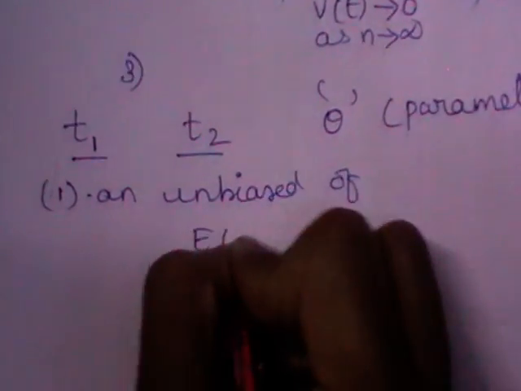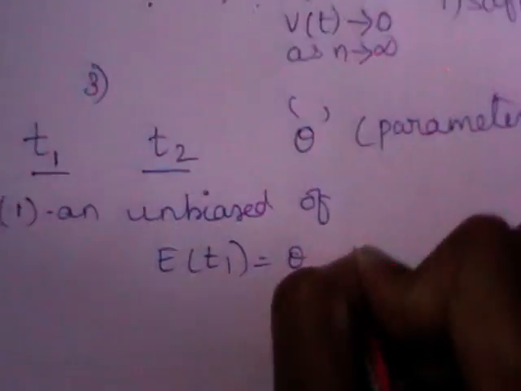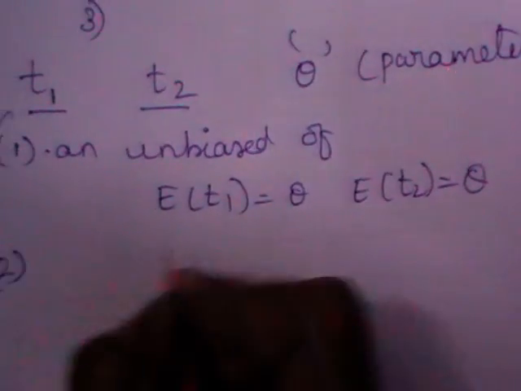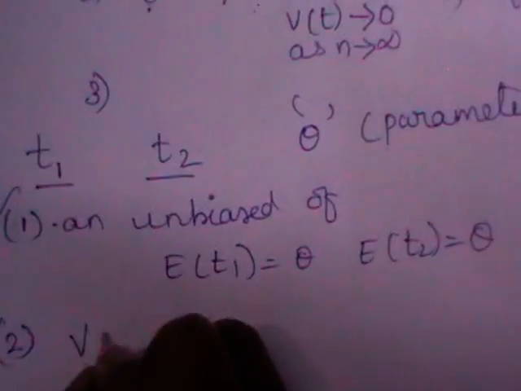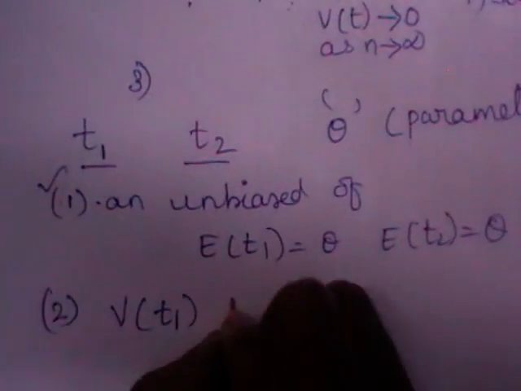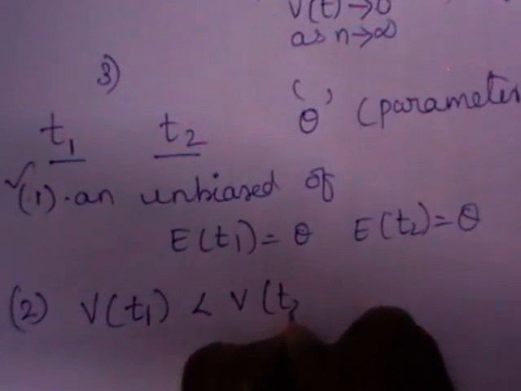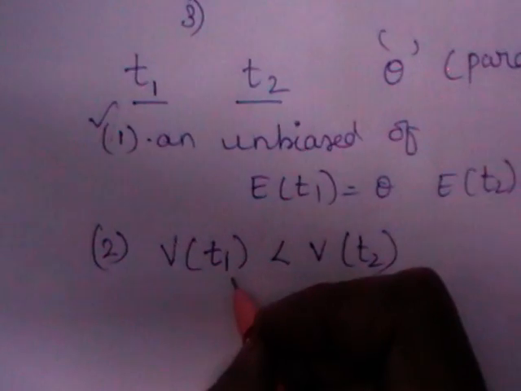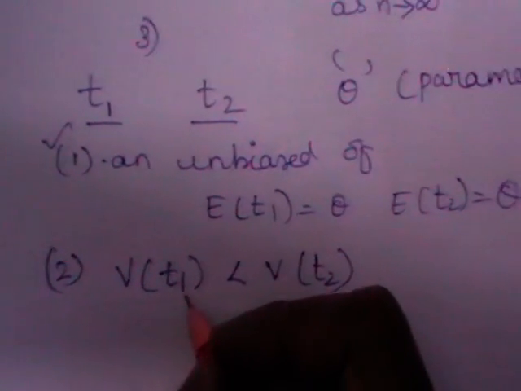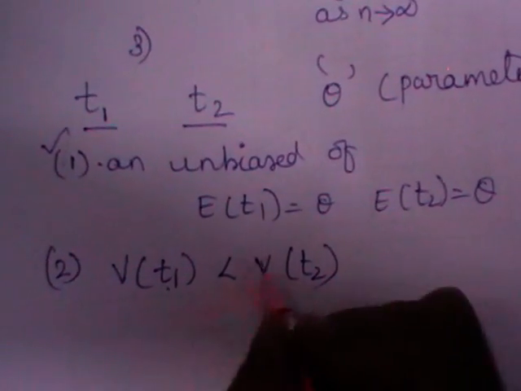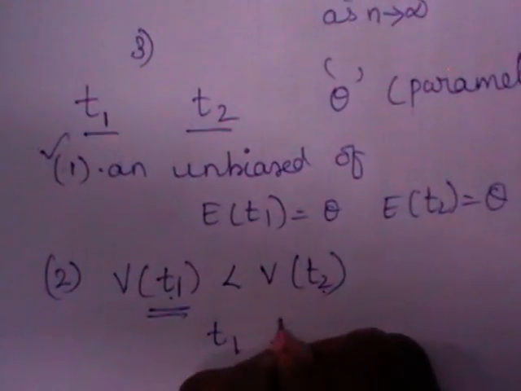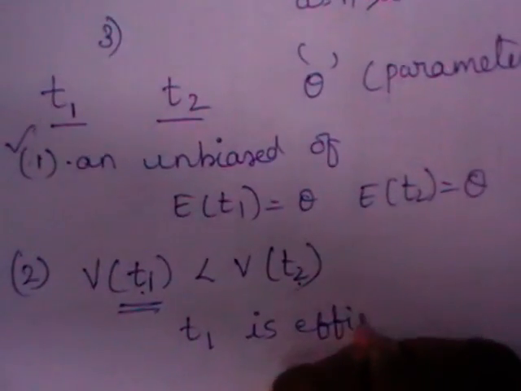So E of T1 should be equal to theta and E of T2 is equal to theta, and this is the primary condition. The second condition is that you should compare the variances. Whenever the variance of the first estimator is less than the variance of the second estimator, we call T1 the efficient estimator of theta.